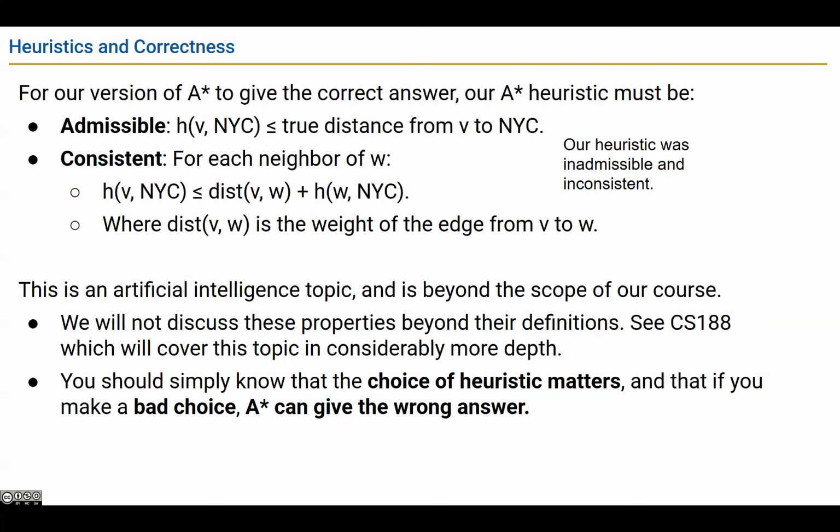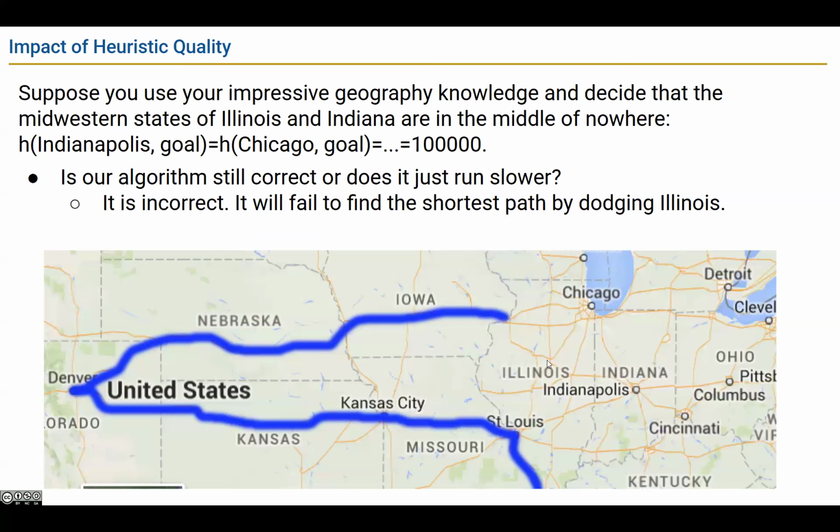Because that's always going to be better, or it's going to be better than the actual distance to the real path. If you do this wrong, then you do end up saying that Illinois is the bad place to go to. So you end up just traveling around Illinois instead of through Illinois, for example. So you don't want to do that. It is going to end up causing incorrect results if you try to do that.